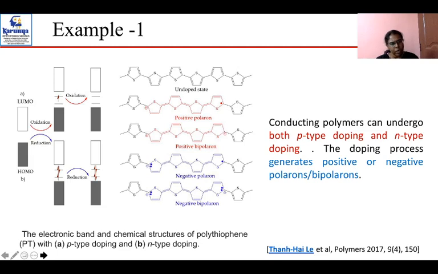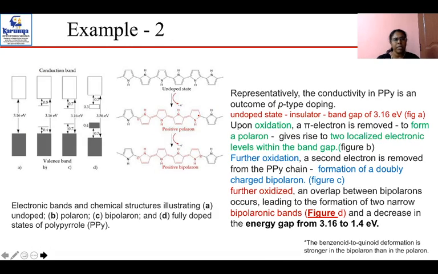When you go for reduction, you end up with the n-type material, whatever you want. So the doping process generates positive or negative polarons or bipolarons. That is possible here.